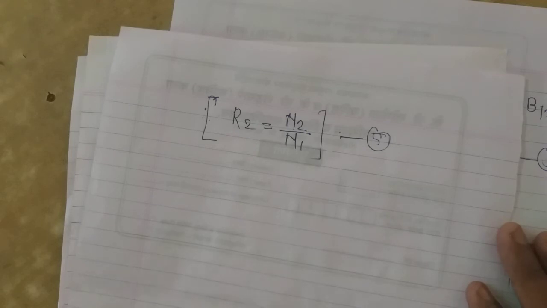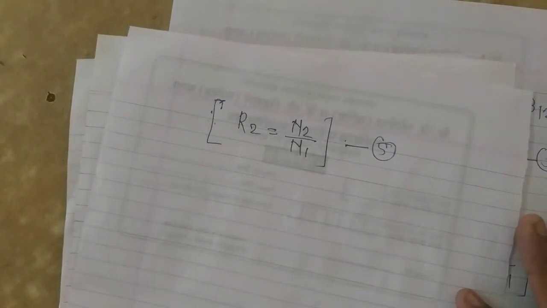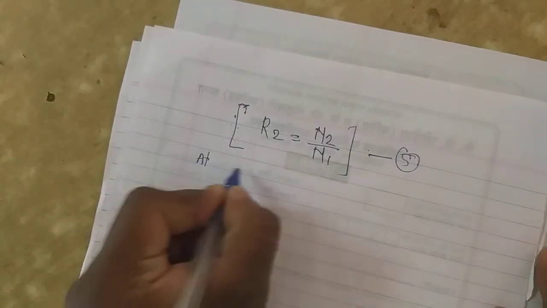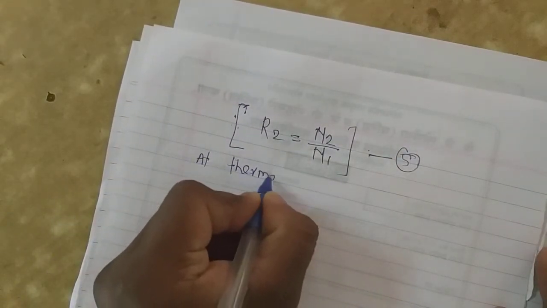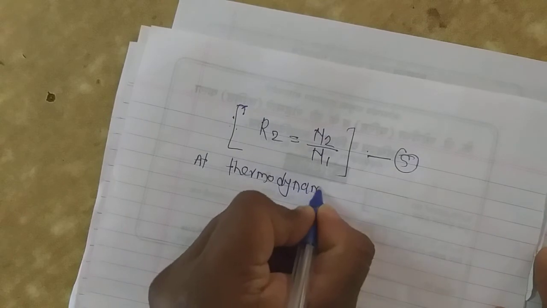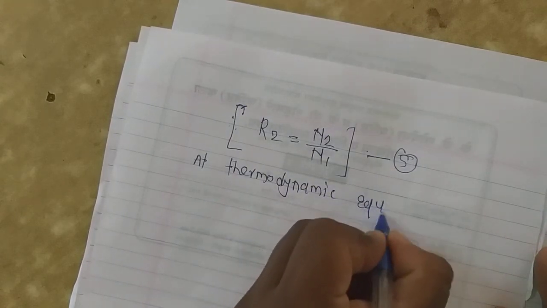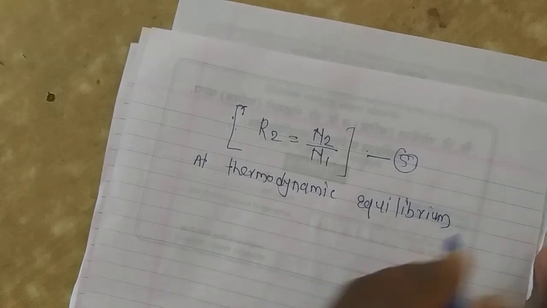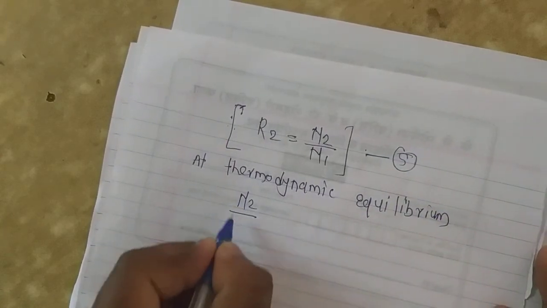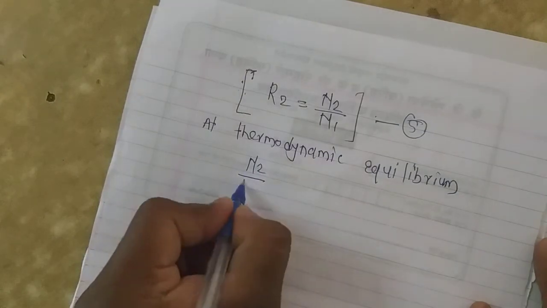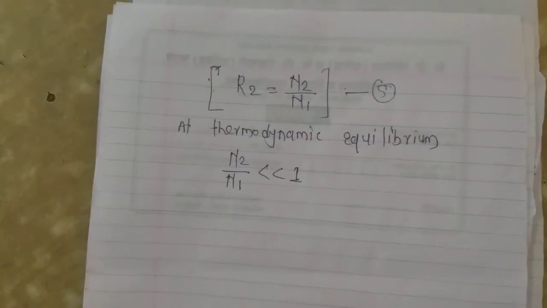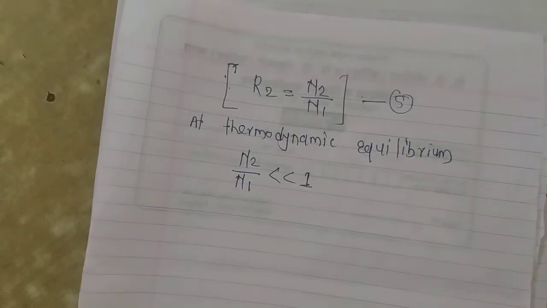But at thermodynamic equilibrium, N2 upon N1 is less than 1.